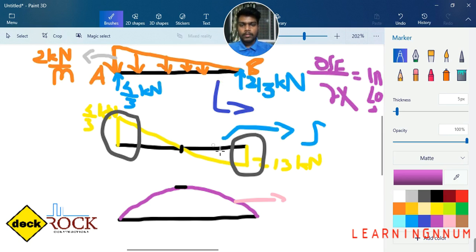This is 2 kilonewton per meter, but how is it varying along this length? Magnitude wise, from the left, at A it is 2 kilonewton per meter and at B it is 0. So magnitude wise it is decreasing. Now direction wise it is vertically downward, so definitely it is negative.